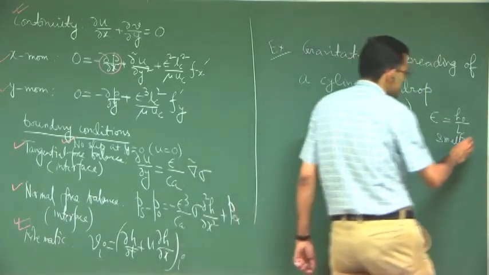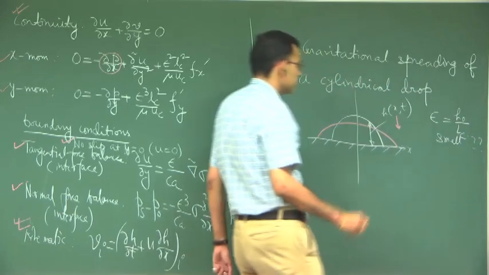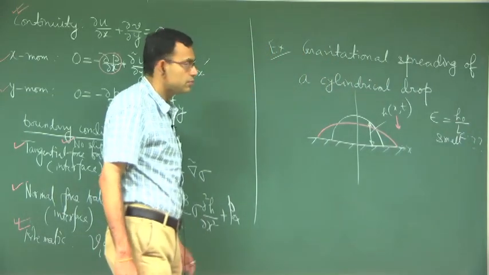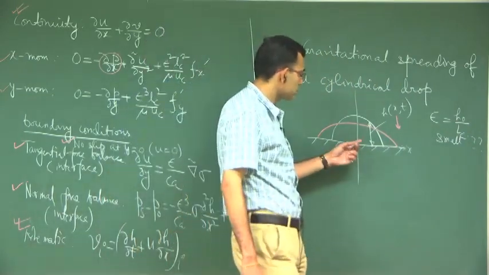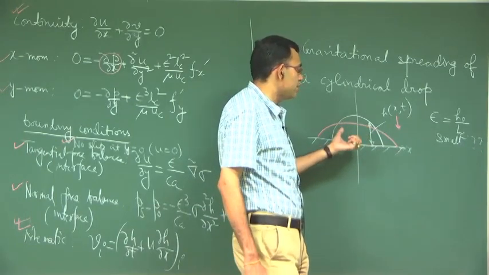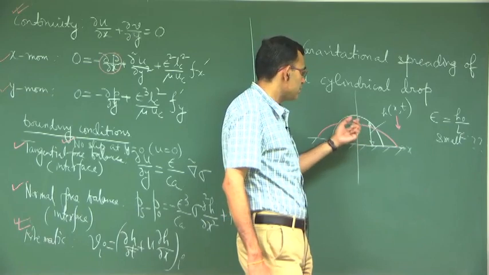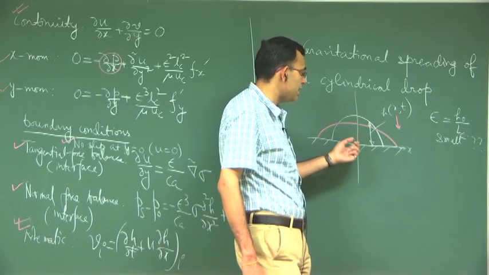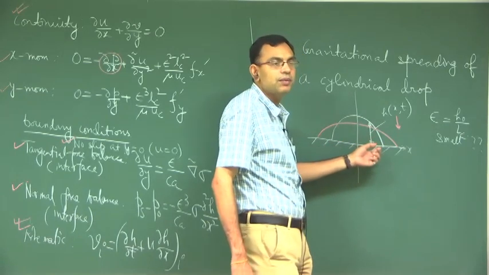In this case, when the drop starts spreading, the maximum height and the axial length scales are comparable.